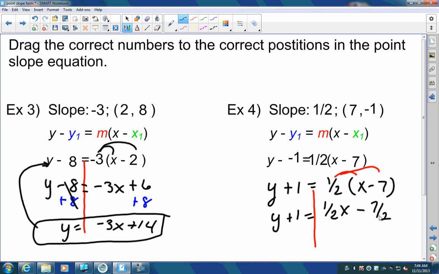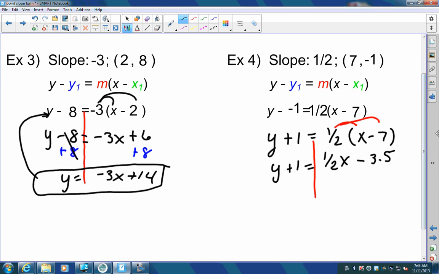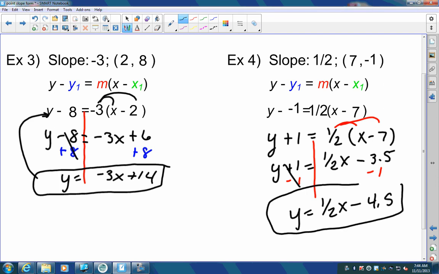I'm going to put it as 3.5. It'll make it easier when I move this 1 over. So as I subtract 1 from each side, I get y equals 1/2 x minus 4.5. This equation is equivalent to this one, and to this one.